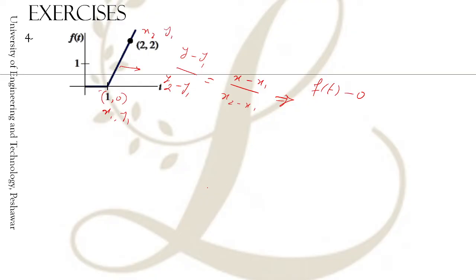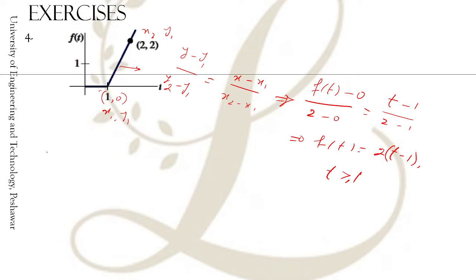So f of t minus 0 divided by y2 minus y1, that means 2 minus 0, is equal to x minus x1, so t minus 1, divided by 2 minus 1. So that will give you f of t is equal to 2 times (t minus 1). And this is true when t is greater than 1.